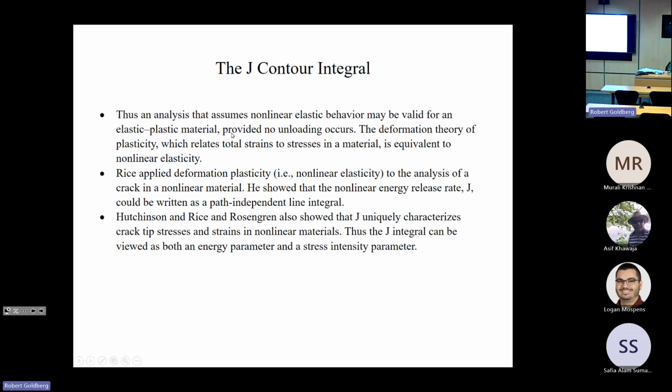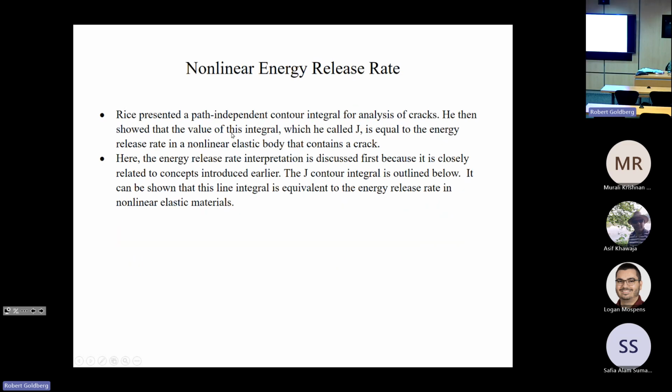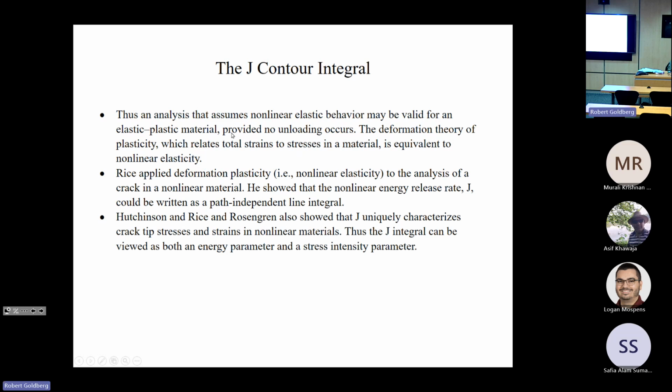But if you start wanting to account for unloading in your analysis, then you can run into issues. This is also an older theory of plasticity, not used much anymore, called the deformation theory of plasticity, which relates total strains to stresses in the materials, equivalent to nonlinear elasticity.